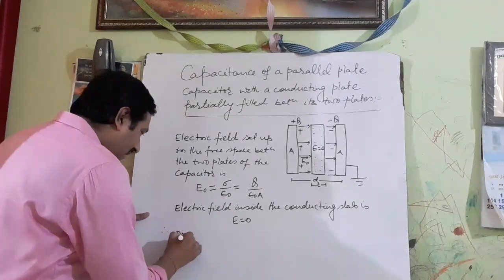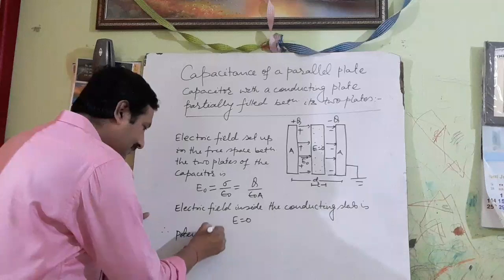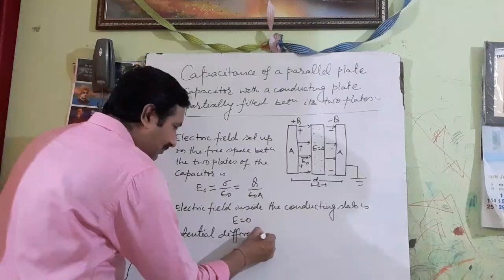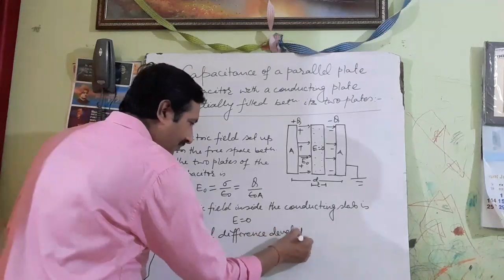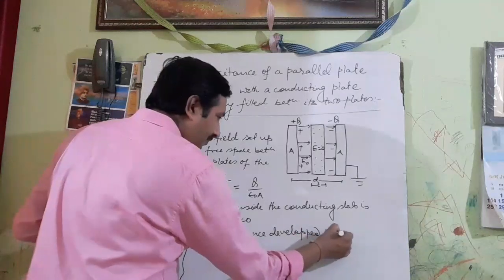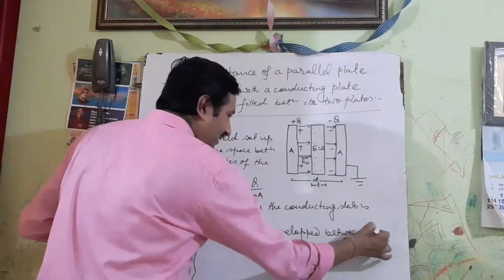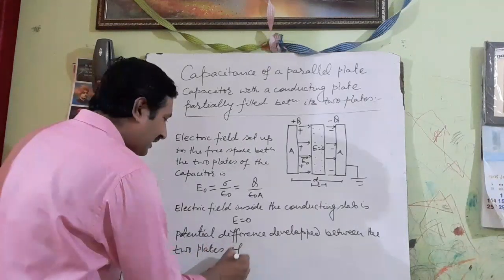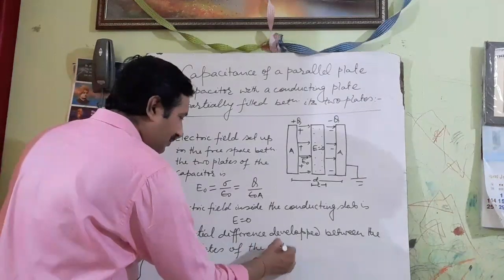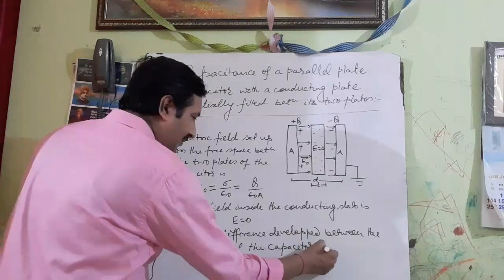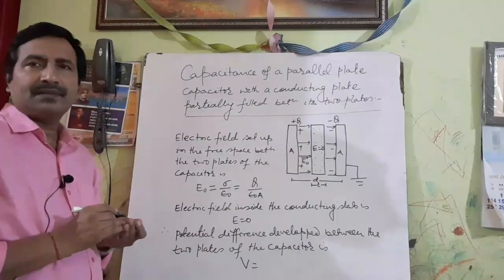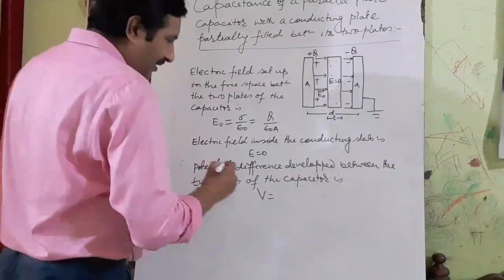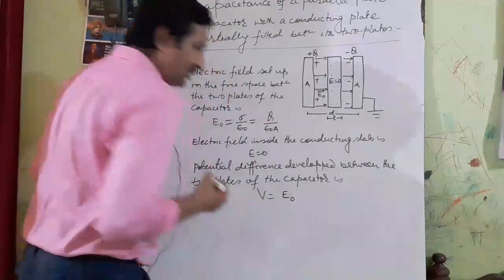Therefore, the potential difference developed between the two plates of the capacitor is V equal to, you see, it is E naught.